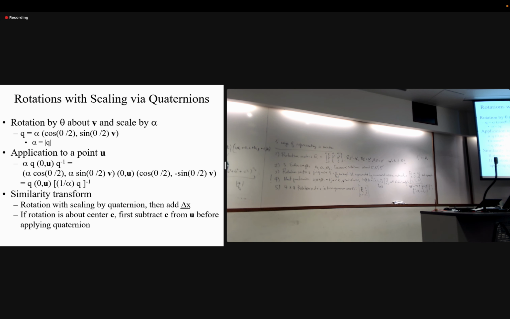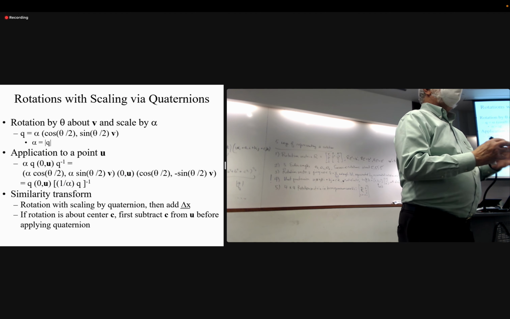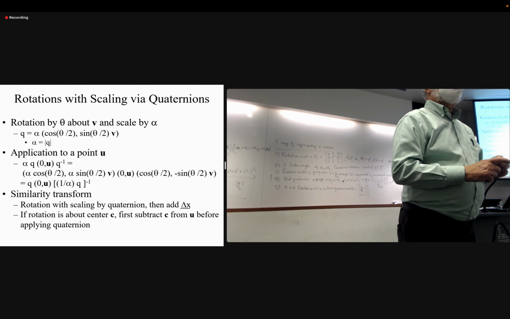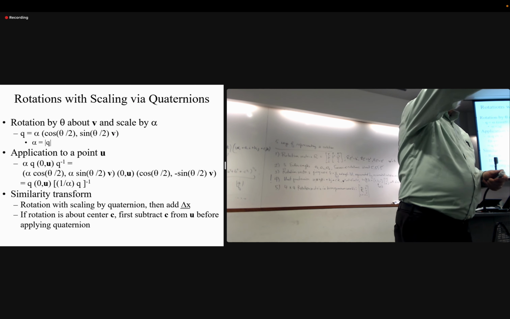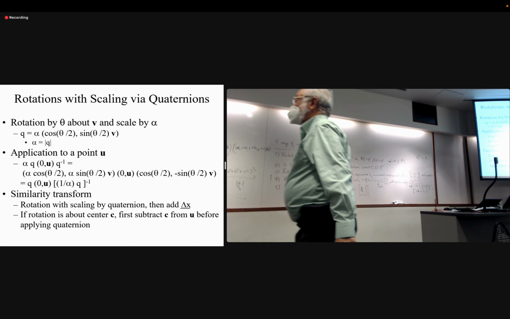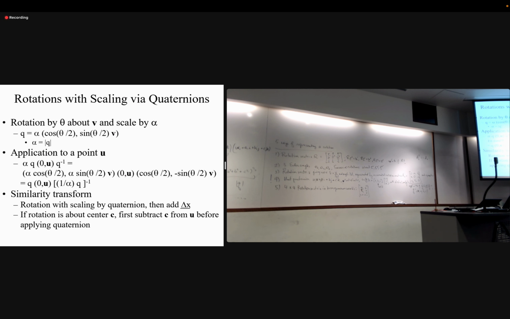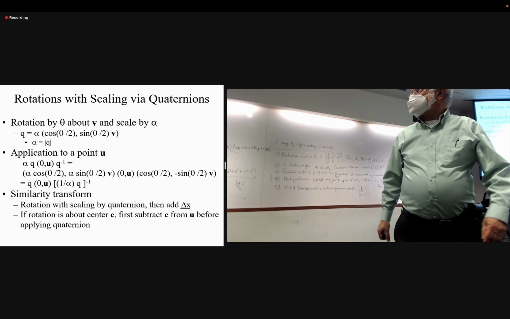If you're rotating about the center, the first thing you need to do is subtract the center to get the rotation. The quaternion rotations are always about 0, about the origin. And so you need to take the center of rotation, move it to 0, apply the rotation, as far as the rotation is concerned.